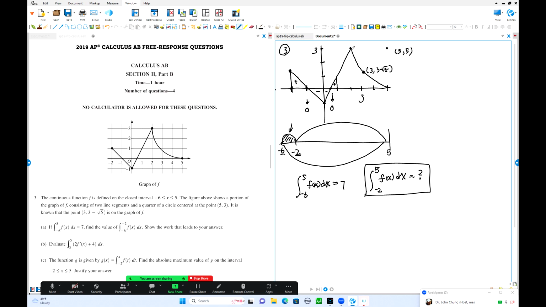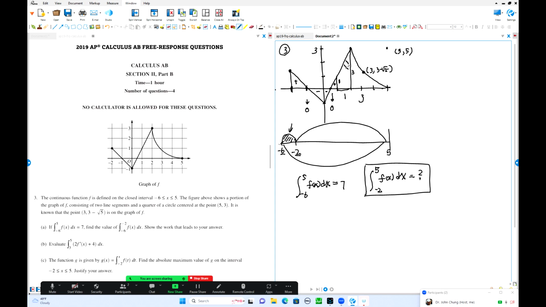The next area is from here to here. This is a positive area. The bottom is from 1 to 2, this is 1. At 2, the height is 3. At 1, the height is 1.